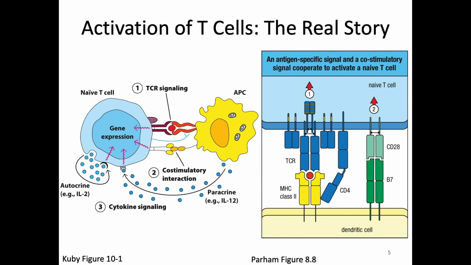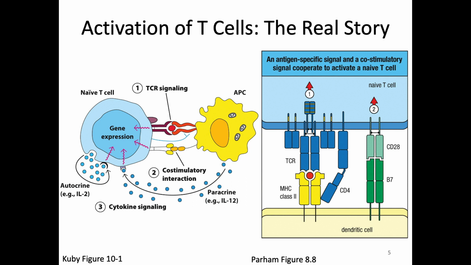Know that today, most of our focus is going to be on signal 1. Signal 2 is also very important. I mentioned that sometimes people also talk about signal 3 in turning on the T cell. What we mean when we talk about signal 3 is that cytokines are also important. Exactly which cytokine we're talking about can vary in a few different locations, so right now I'm just going to say cytokines. There are a couple of different cytokines that are important in a couple of different places.